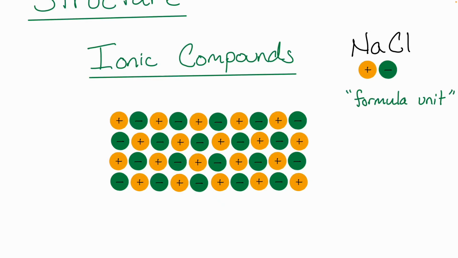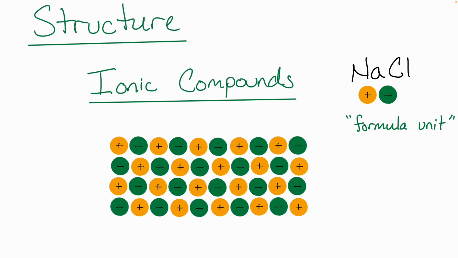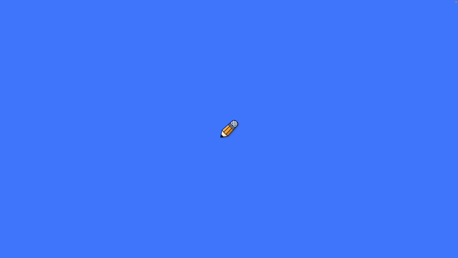Let's not forget we had this sort of picture of what sodium chloride looks like. It's this repeating array of positive and negative charges, right? Sodium ion, chloride ion, sodium ion, chloride ion, extending into infinity. So we're going to take this big old block of ions here, and we're going to dissolve it in water. We're going to put it into our beaker here and dissolve it. All right?